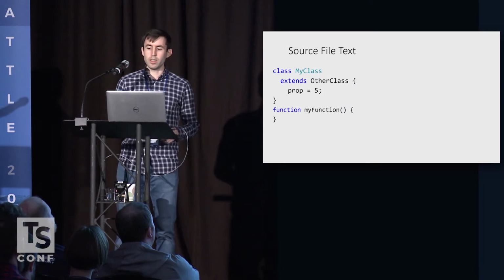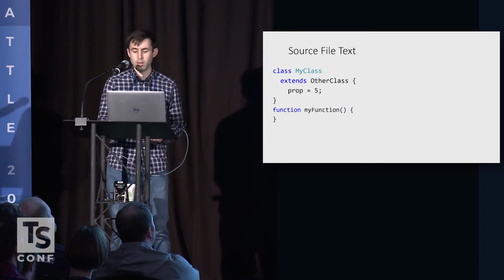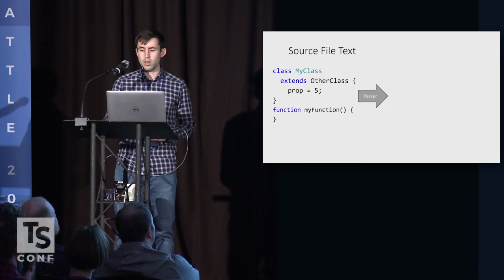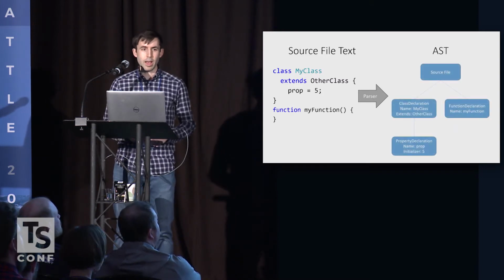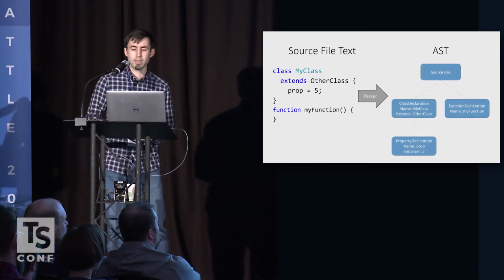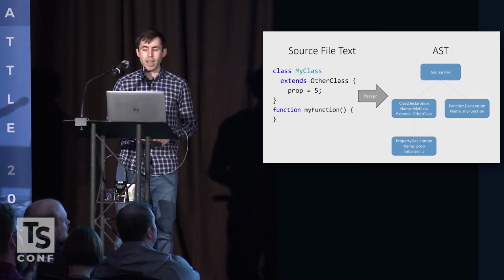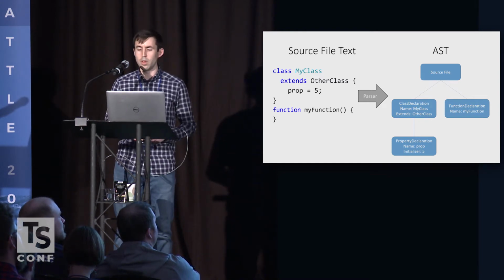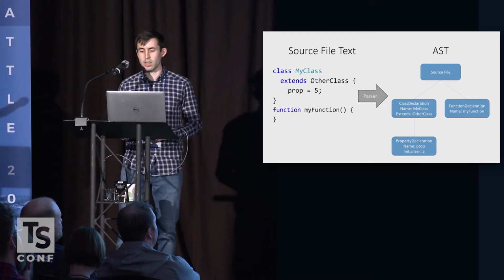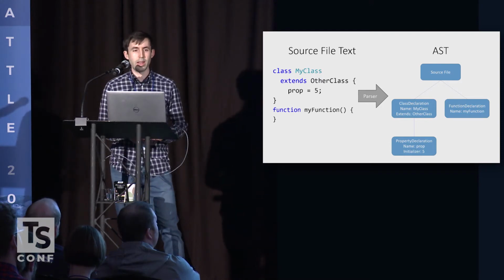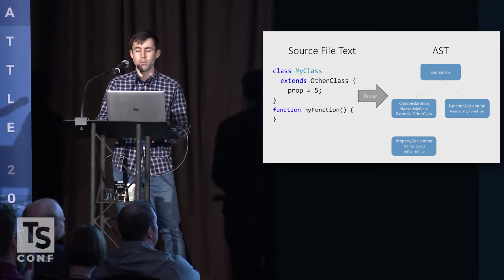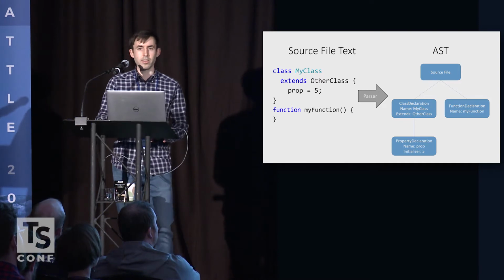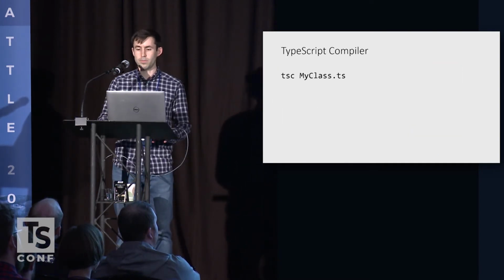What would be easier is if we took the text in the file, sent it through a parser, and produced an abstract syntax tree, or AST for short. Once we have an AST, solving our problem becomes trivial because it's very simple to write an algorithm that inspects one of these trees.